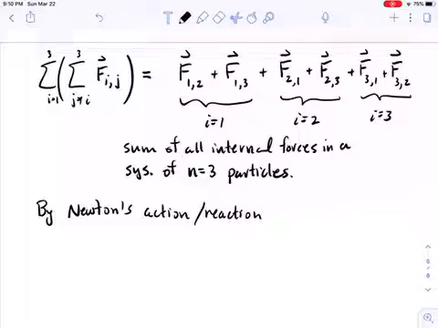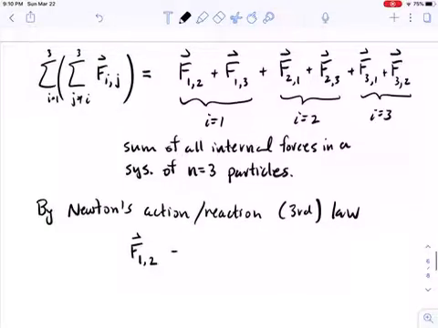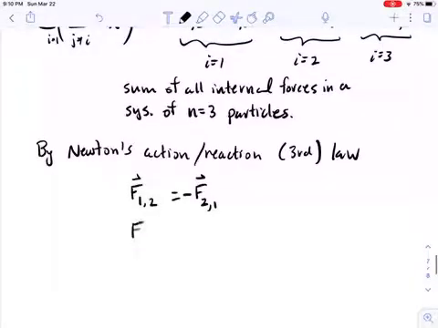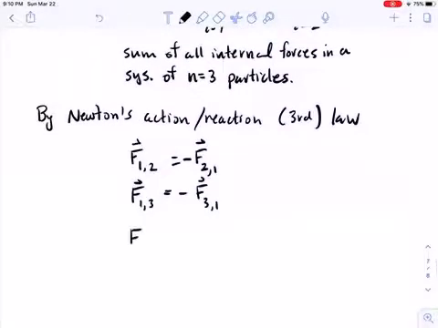This is the third law, which says that if there's a force on 1 due to 2, then there's a force on 2 due to 1 that has the exact same magnitude but is in the opposite direction. And we could likewise say if there's a force on 1 due to 3, there's a force on 3 due to 1 that's exactly equal but opposite. And then finally we have the 2-3 and the 3-2 pair.